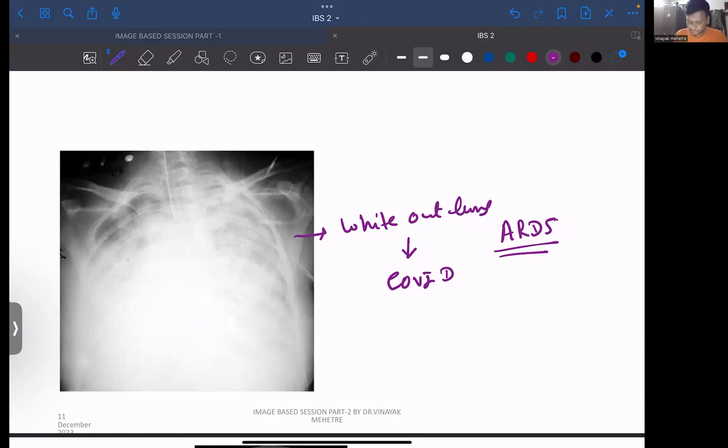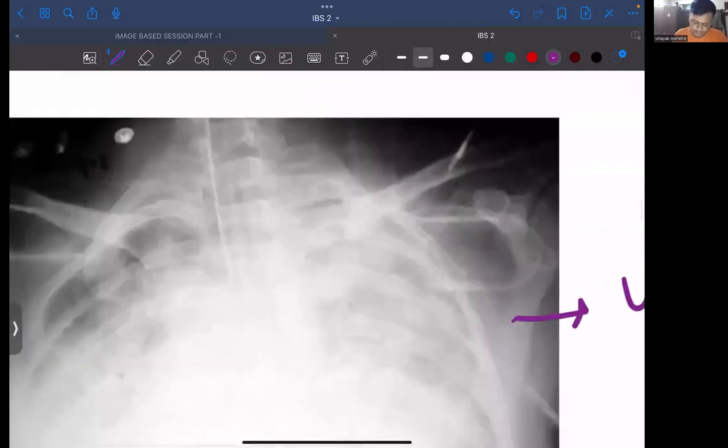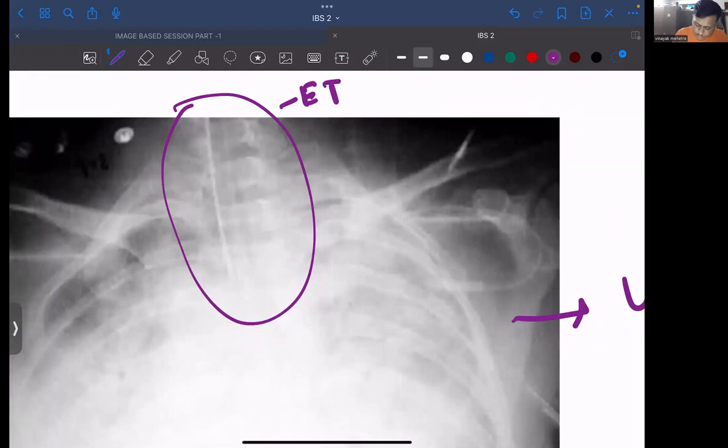ठीक है. If you can appreciate, what is this? This is an endotracheal tube, right? Those who have attended the class, they know this line. It is called the radio opaque line of the endotracheal tube.